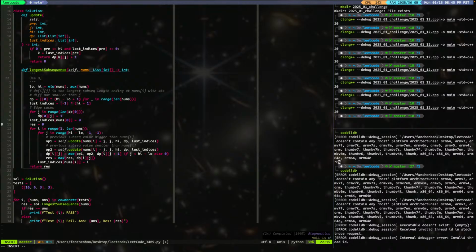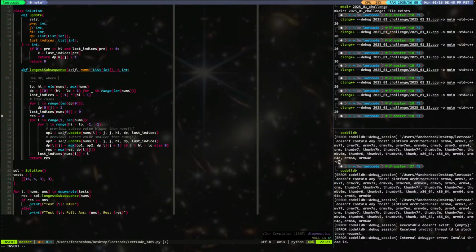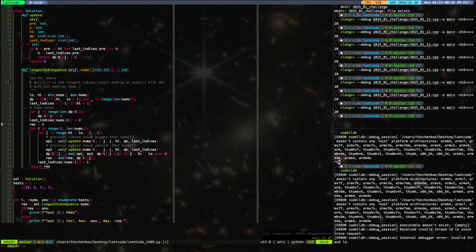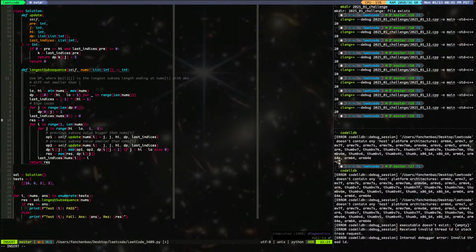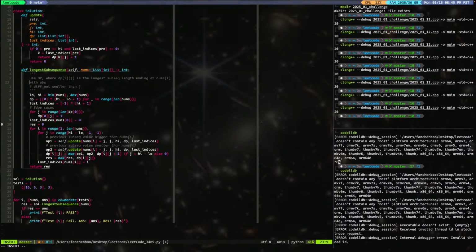Use dp, where, of course, I'm not sure if it's really correct, but long solution length ending at, right?